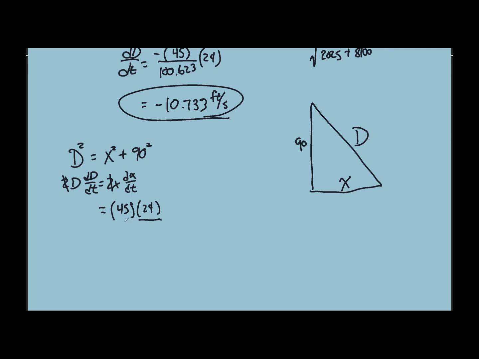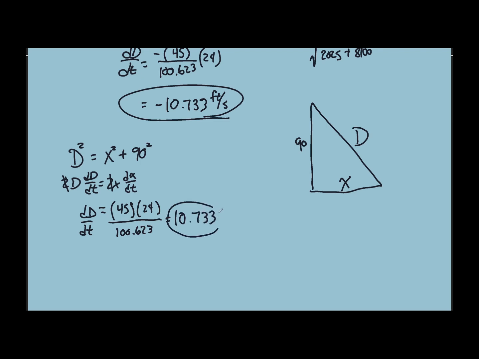And we can divide the distance out, which is the same as before. I think it's still the 100.623. So let's come to that and see what we get here. 45 times 24 is 1080 divided by 100.623, and I again get, positive this time, 10.7333.